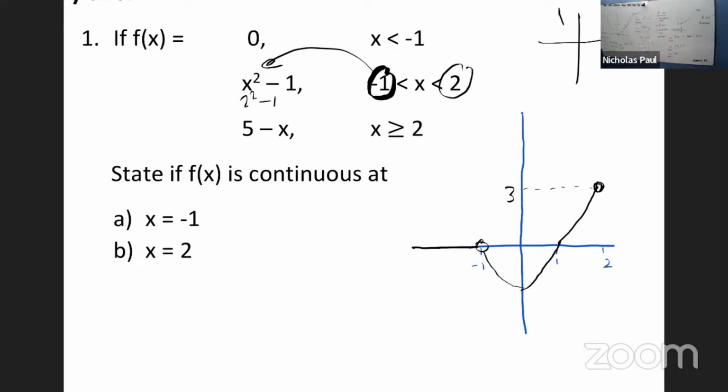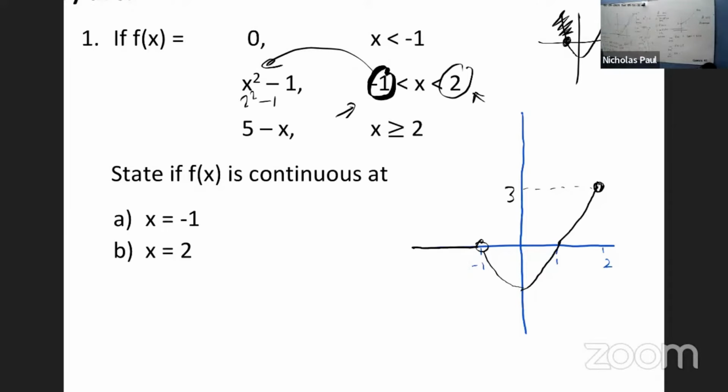This is x squared, so x squared minus 1 is down there. But do you want the whole function? No. You want how it behaves between minus 1 and 2. So you have to plug in the boundaries. Plug in minus 1 and you will get here. Plug in 2 and you will get here. And leave out this and leave out that.